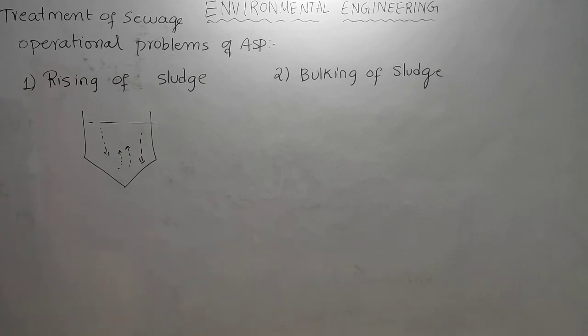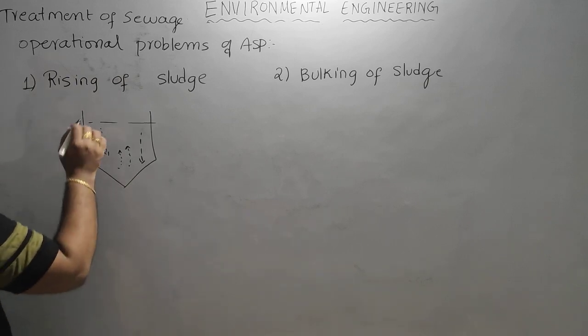And third one is decreasing the theta C. That means endogenous phase. If you are creating endogenous phase, indirectly we are reducing the mean cell residence time, because we are directly killing the microorganisms, so the mean cell residence time also decreases.